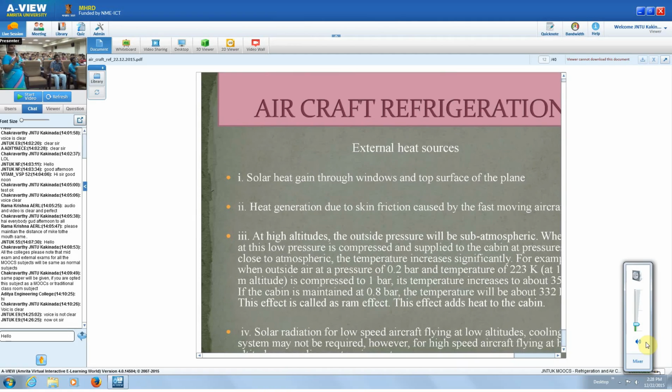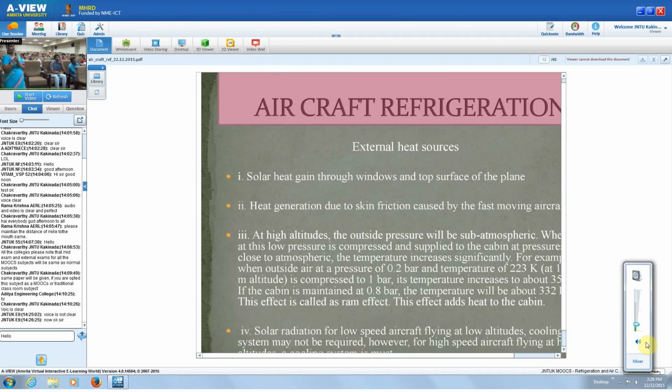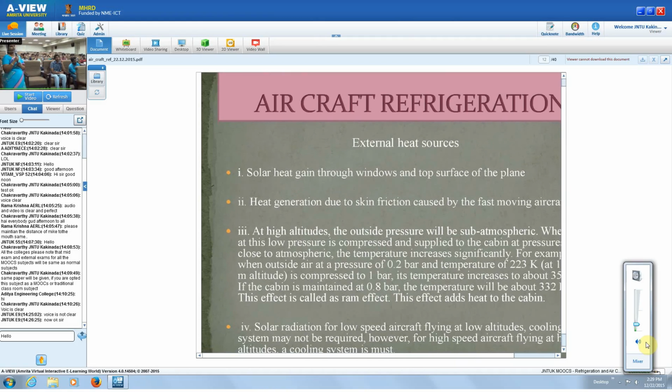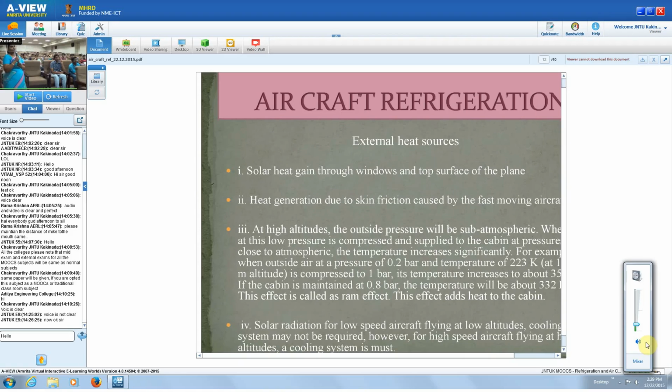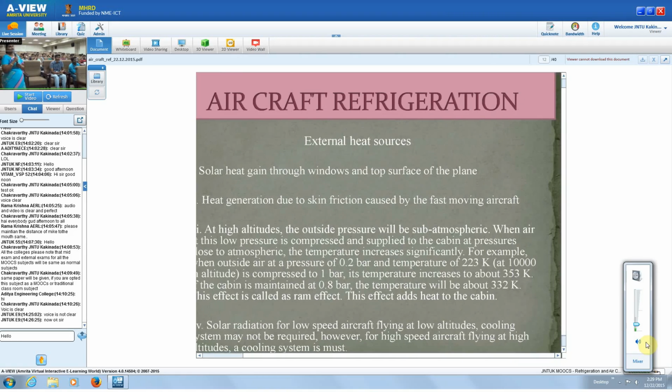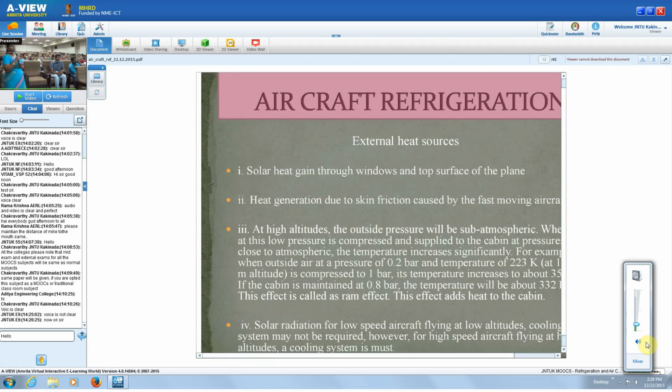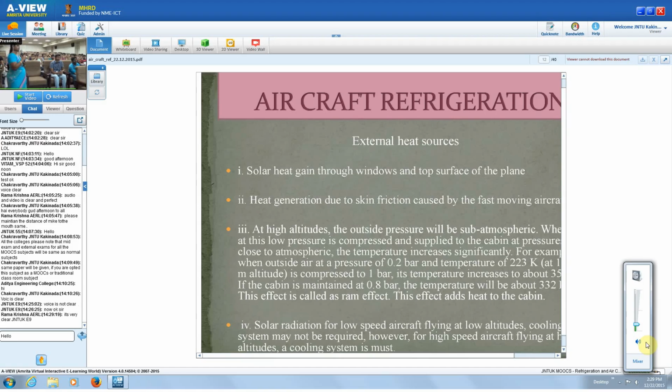For example, outside air is at a pressure of 0.2 bar and a temperature of 223 Kelvin, at an altitude of around 10,000 meters. Due to this, when the required pressure is 1 bar and the temperature required is 22 degrees centigrade, the temperature will be increased by 40 degrees centigrade.